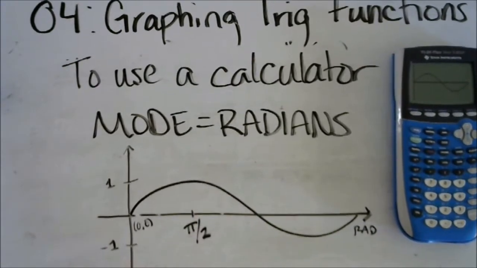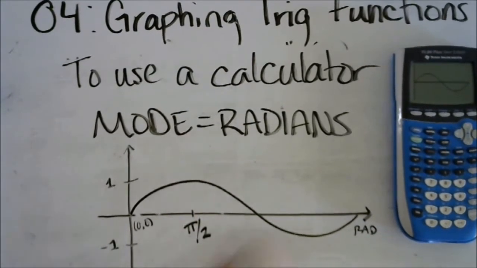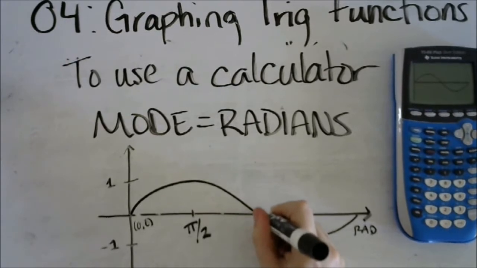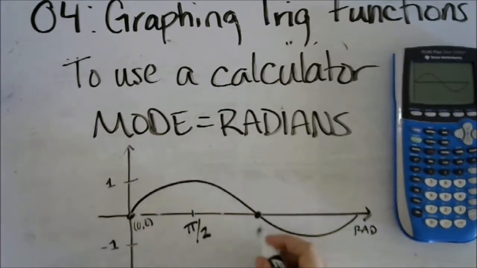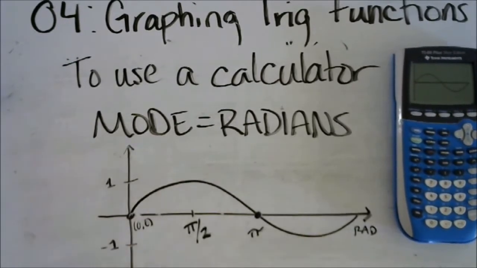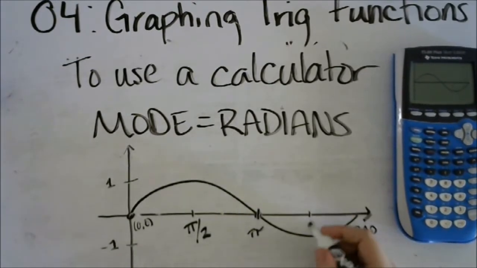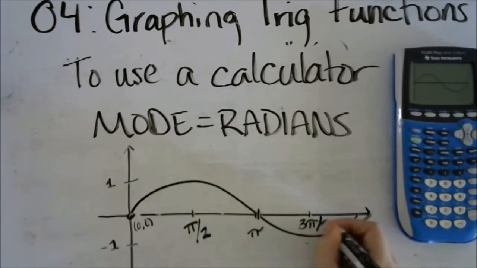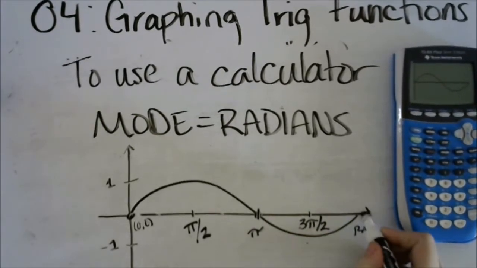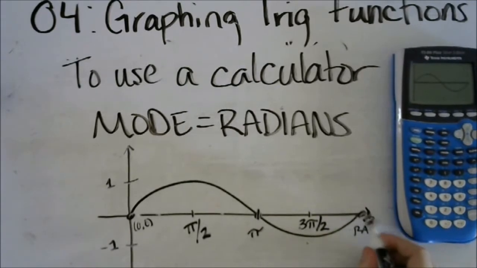The answer, pi halves. Again, sine hits 0 halfway around the unit circle. That angle is pi. And sine hits -1 down at 270 degrees, or better known as 3 pi over 2. Finally, sine is back to 0 by 2 pi.